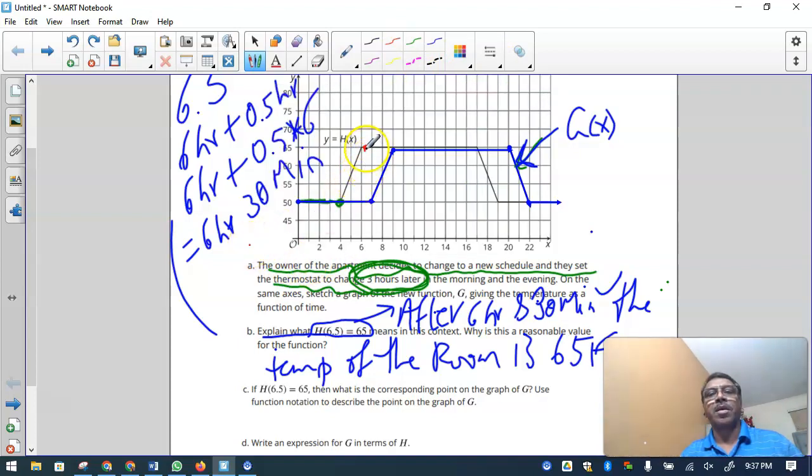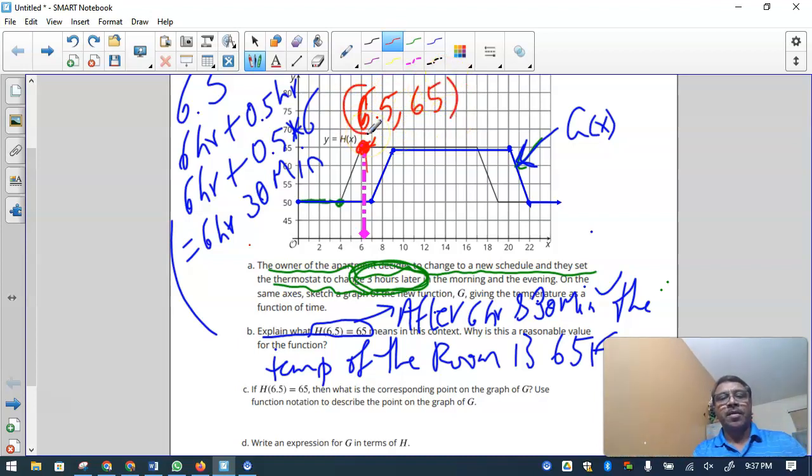Oh no, I think I'll have to use this part. See, this is 6 hours 30 minutes, and you can clearly see the temperature right there. This point in the middle is 6.5, and when it is 6 hours point 5, the temperature is 65 degrees.